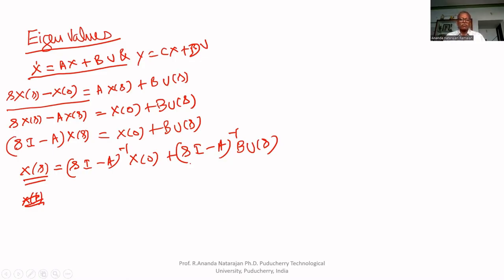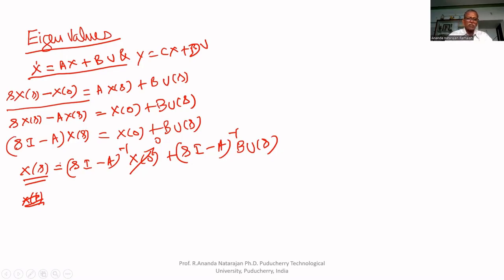That is one important point. If you assume x of 0 is a null matrix, then X of S equal to (SI minus A) inverse B U of S.